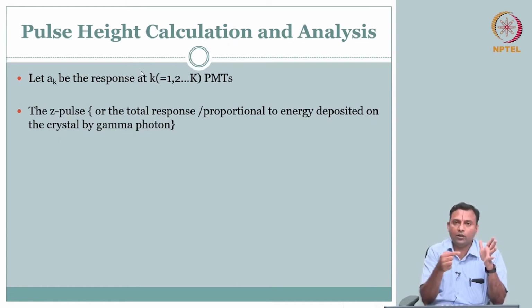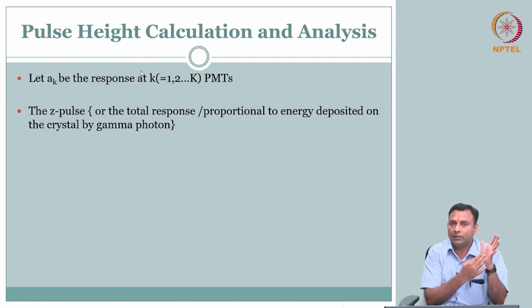The closest one or the one that is straight will get the maximum intensity. The rest of them will also get some, because there is a spread happening, there is an interaction, Compton scattering. So maximum will be at the center or the closest straight photomultiplier tube, but the rest of them will also get something.